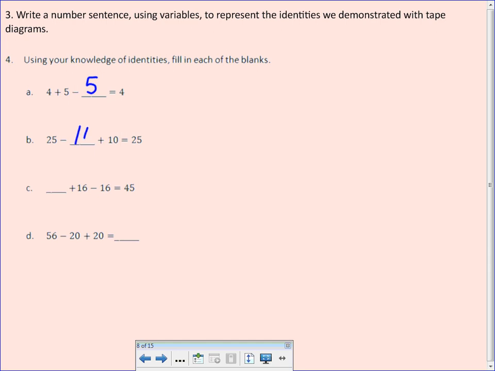Very good. C, what plus 16 minus 16 will give me 45. Right. And 56 minus 20 plus 20. Right. Because as long as we're taking away and adding the same thing, we get our original number back.